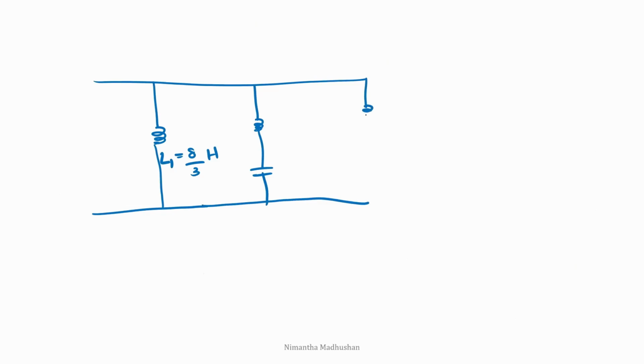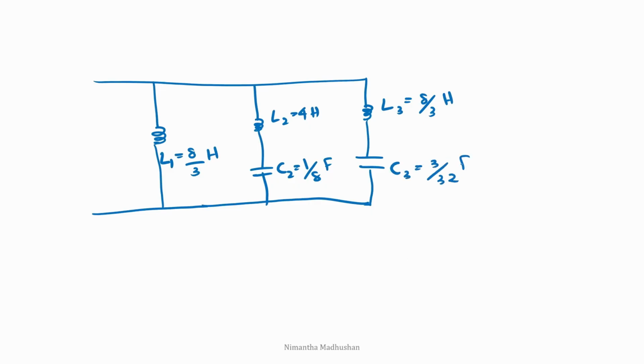The last element is also a combination of an inductor and a capacitor. The values are L2 is 4 Henry, C2 is 1 over 8 farad, L3 is 8 over 3 Henry, and C3 is 3 over 32 farad.